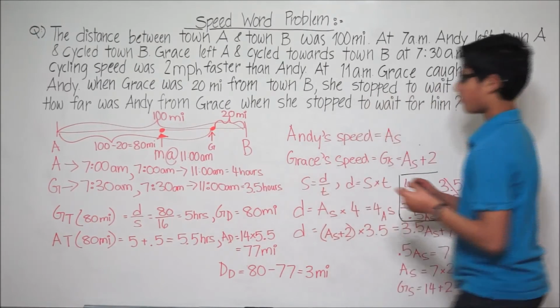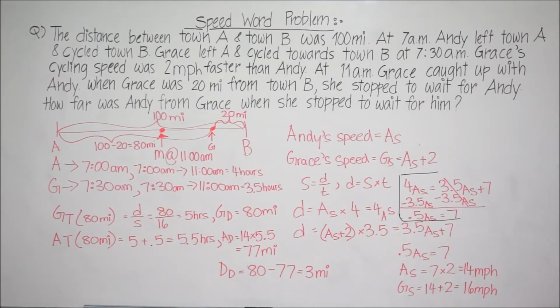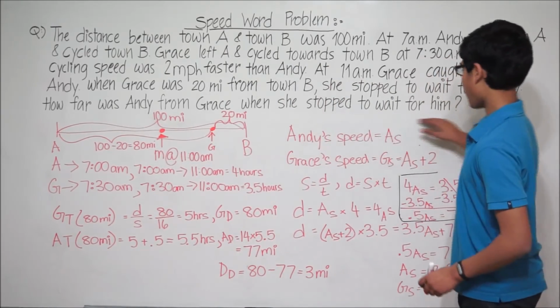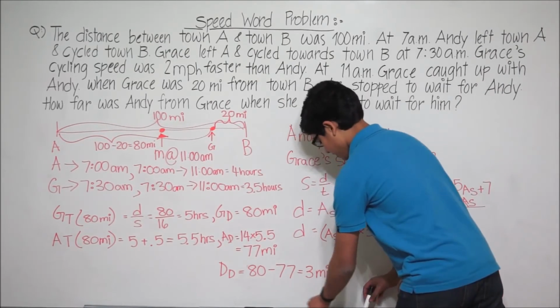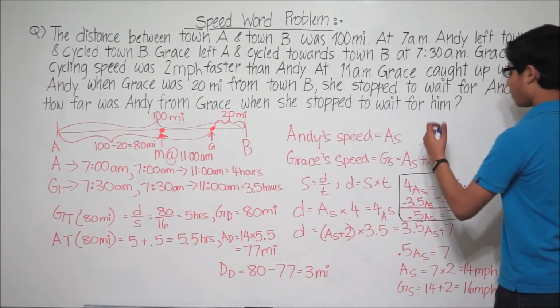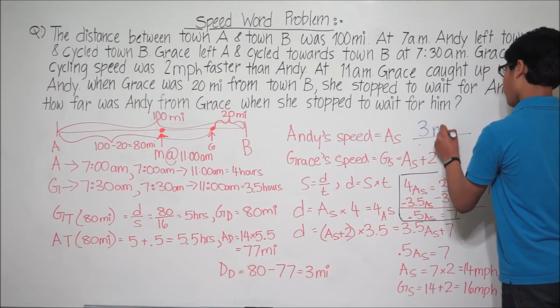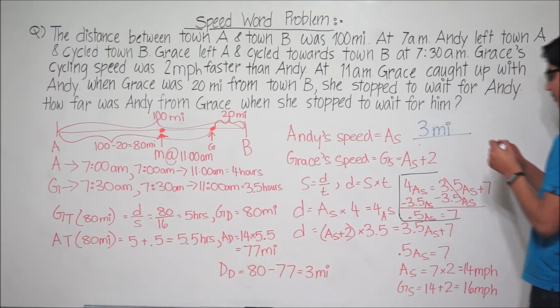So, the answer to this problem, which is how far was Andy from Grace when she stopped to wait for him, is Andy was 3 miles away from Grace when she stopped to wait for him.